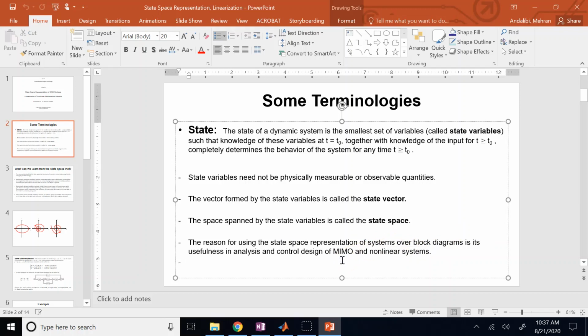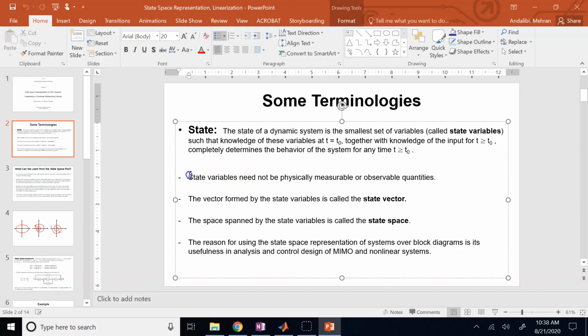And also, as we don't see it actually in this course, if you take an advanced control course, you see when we go to multi-input, multi-output systems, state space is way easier for analysis and design of control for multi-input, multi-output systems as compared to the matrix of transfer functions. Okay, so it turns out this is really much more useful than block diagrams and transfer functions.